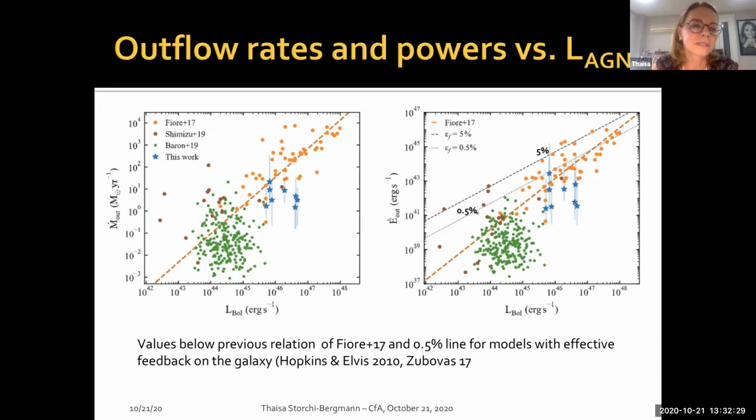Baron and Netzer argue that it's up to 10 to the 4th. We are getting up to 10 to the 3rd, maybe 2,000, 3,000, instead of 200. As the density is in the denominator of the mass outflow rate, if you have a density 10 times larger, you get an order of magnitude lower value for the mass outflow rate. So I think this is the main factor that puts our points about one order of magnitude below those from Fiore.